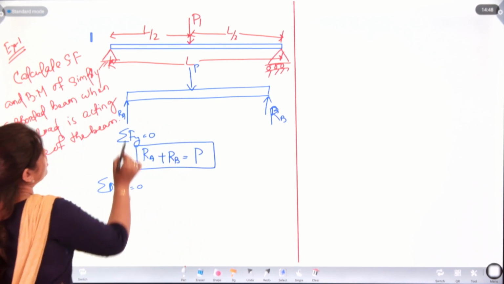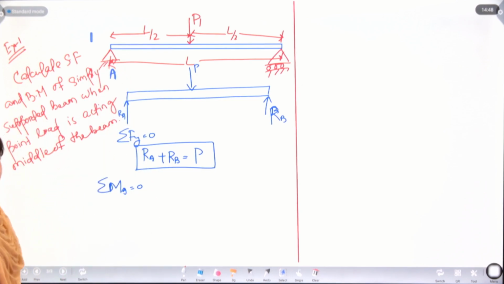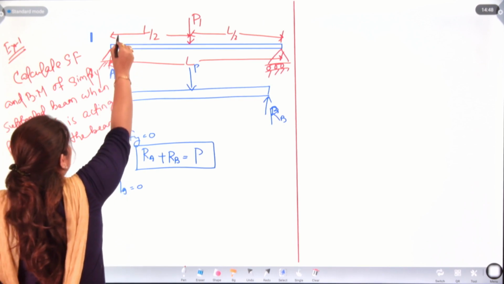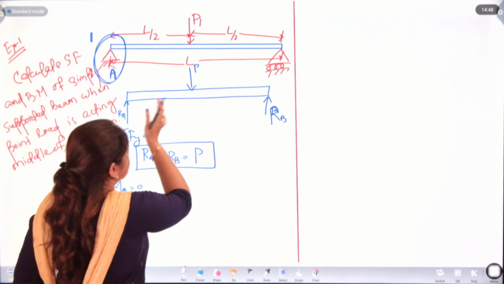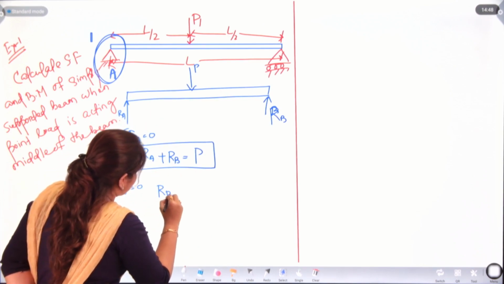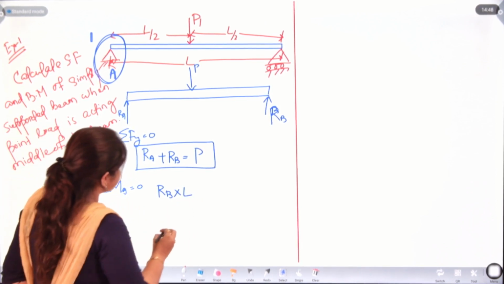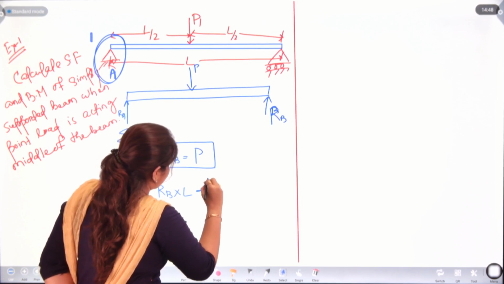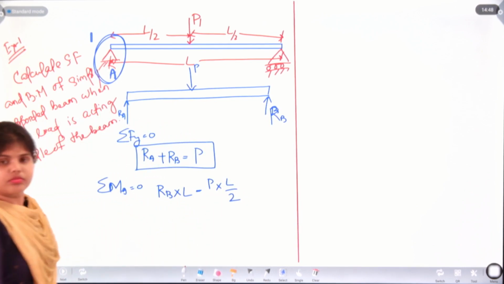As we are taking the moment at point A, the moment at point A will be 0. Let's start from this side. So, we are having RB into L, minus P into L by 2.